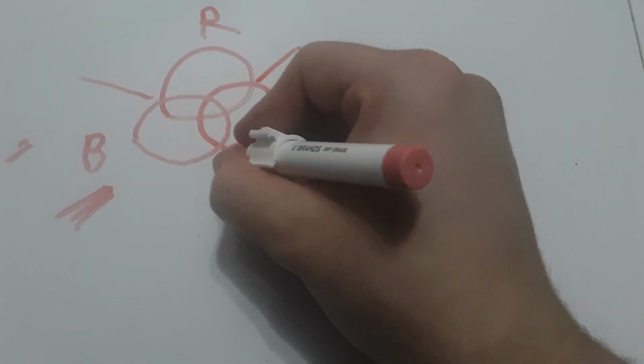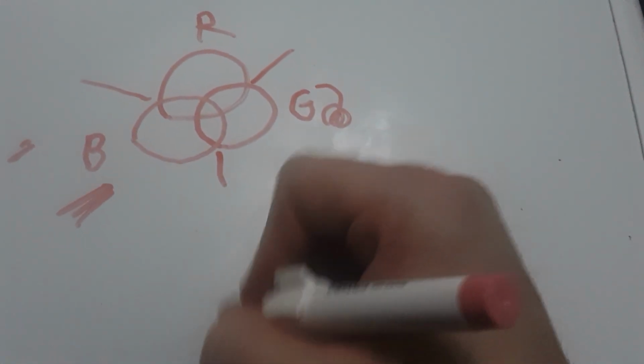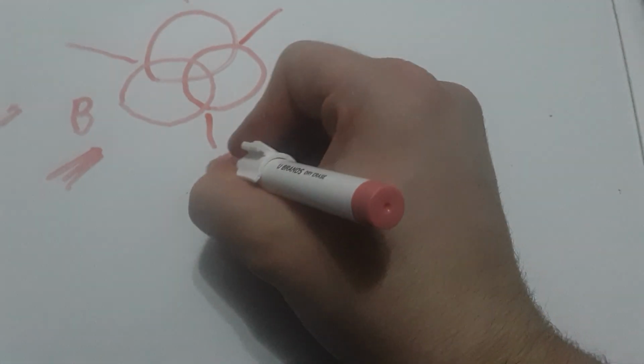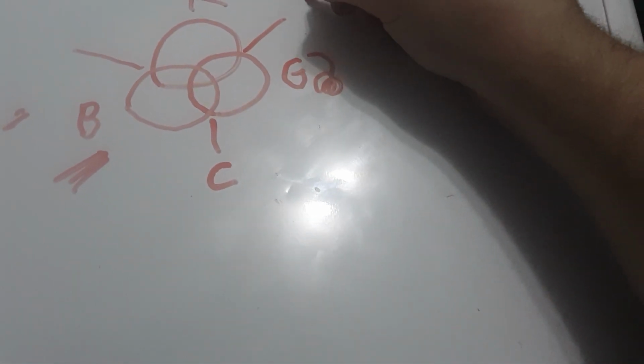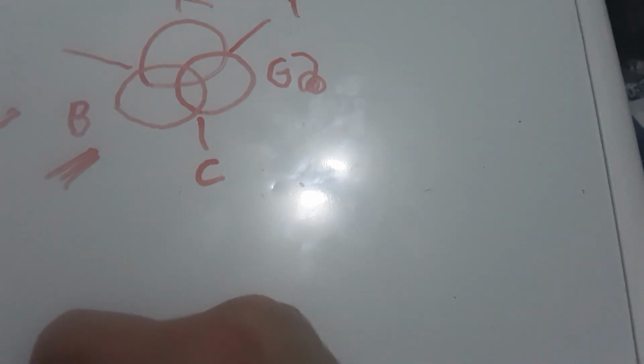And then from this, we can get a sixness, because blue-green is cyan, red-green is yellow, and red-blue is magenta.